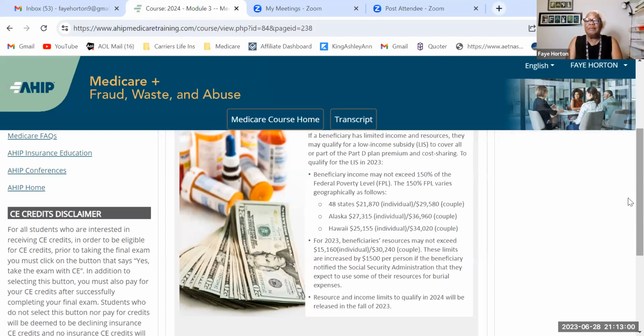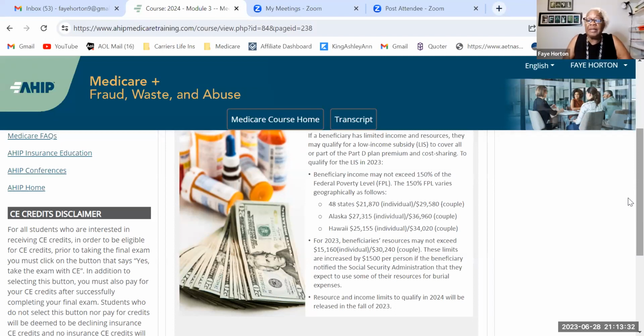For 2023, beneficiary resources may not exceed $15,160 for an individual, $30,240 for a couple. These limits are increased by $1,500 per person if the beneficiary notified the Social Security Administration that they expect to use some of their resources for burial expenses.